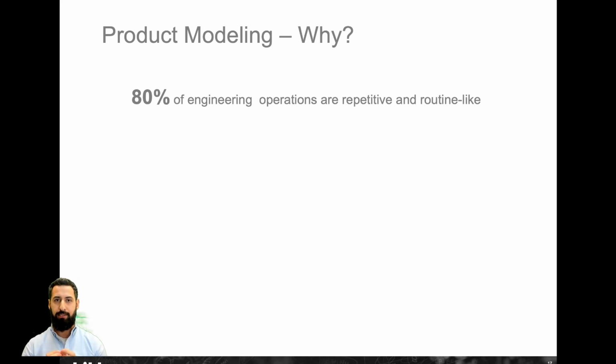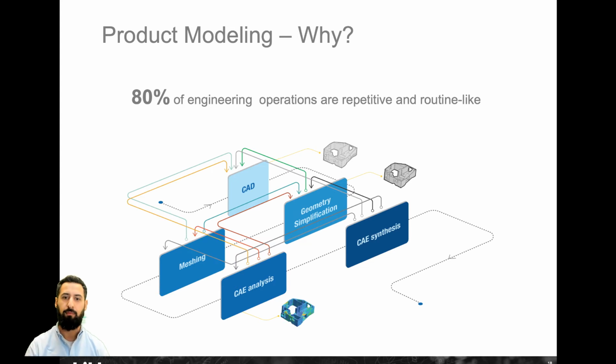So what we address in product modeling is that 80% of the engineering operations are actually repetitive and routine-like. One example is if you want to take one type of component and then analyze it from the CAD model to the finished analysis in FEM, for example.